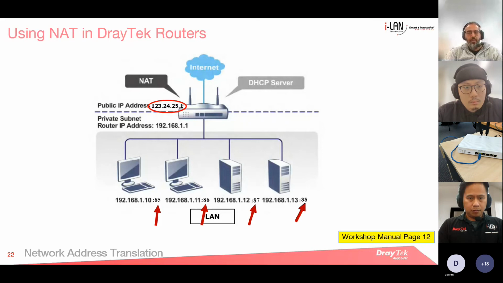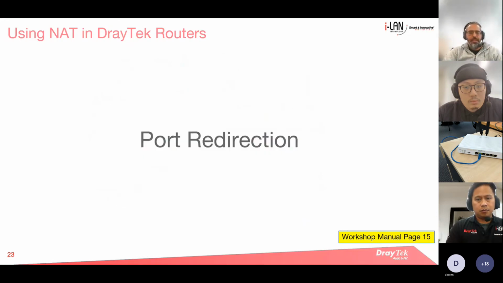And any packets on port 88, we want to go to 1.13. So how do we make this happen? The answer is port redirection. What it does is it allows external devices out on the web to access an internal device behind a router with a private LAN IP address.